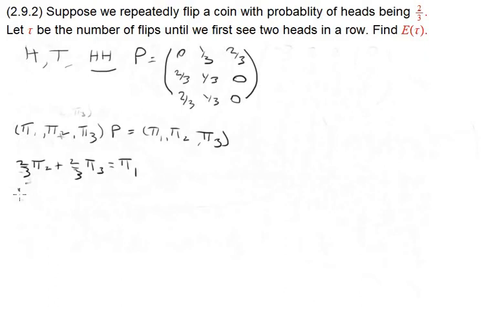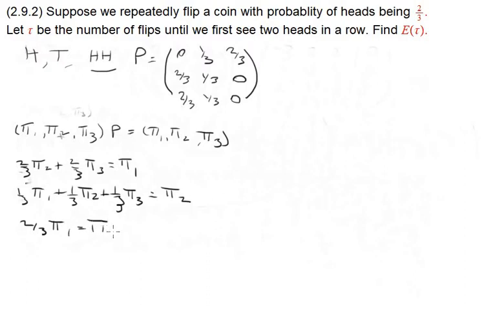You get 1/3 pi1 plus 1/3 pi2 plus 1/3 pi3 equals pi2. And then you have 2/3 pi1 equals pi3.